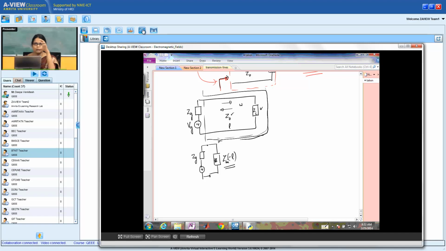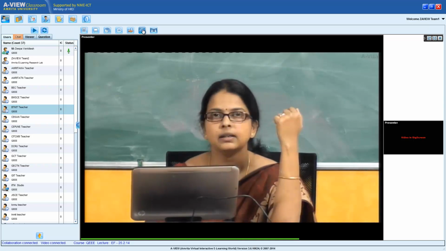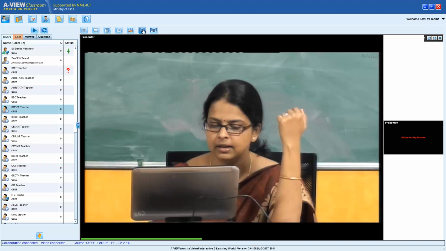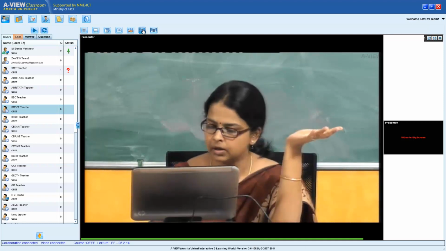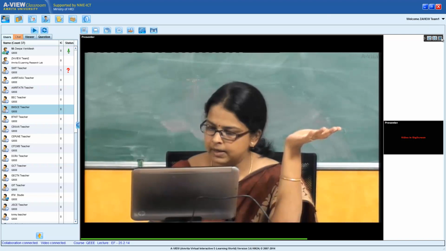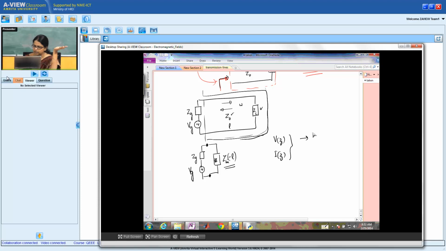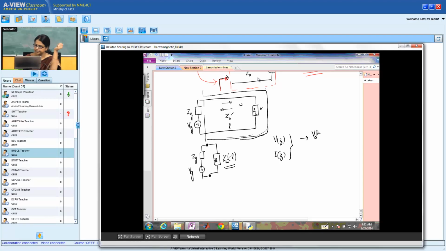Calculate that, and that would help me find the voltage across the load, because if you remember we had solved for Vz and Iz, and there is one last parameter, V0 plus, that remains to be determined.